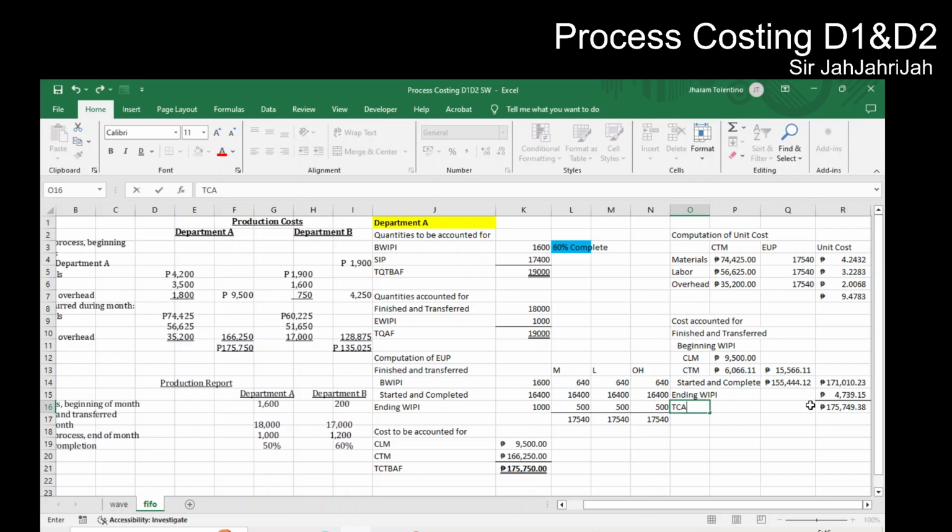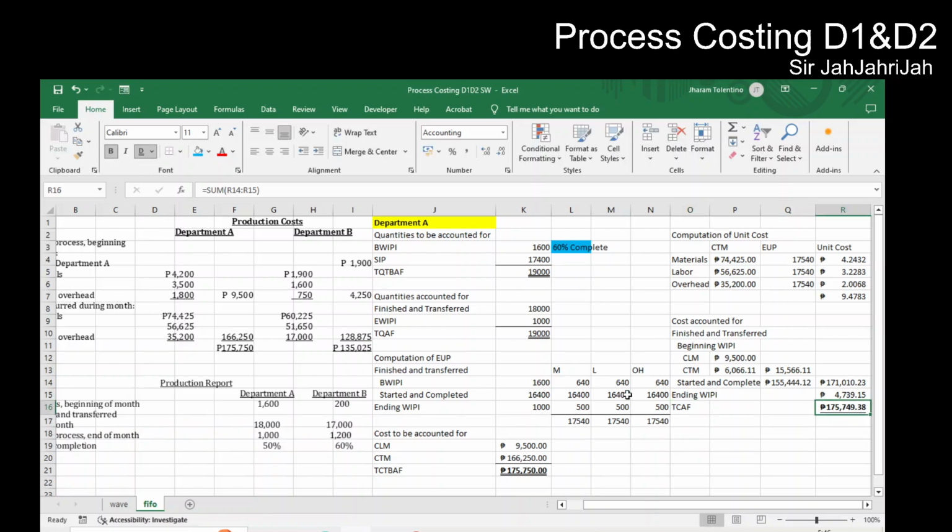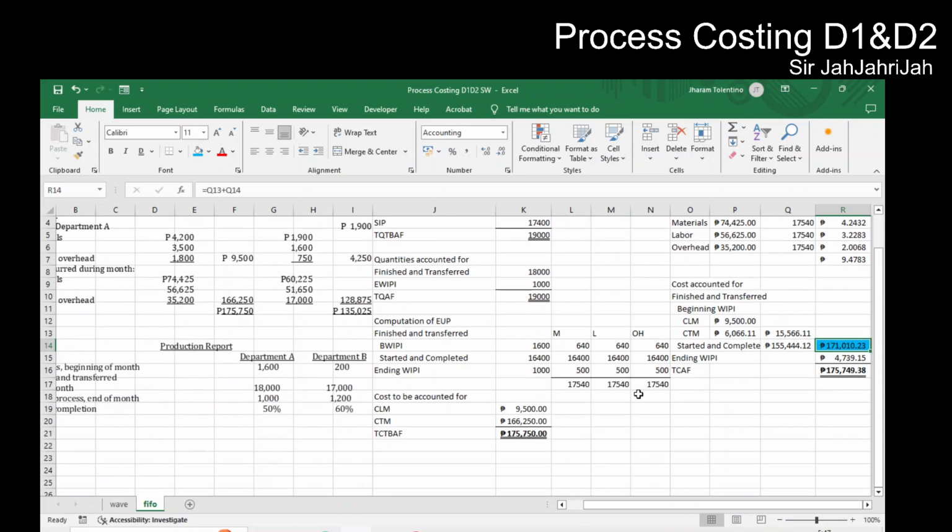This is the total cost accounted for. So the difference is due to rounding off. What we need is the amount 171,010 pesos and 23 centavos.